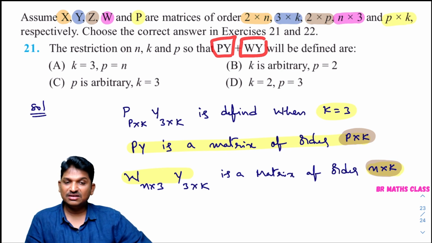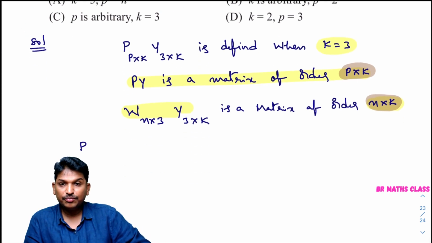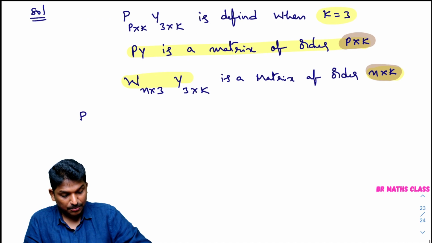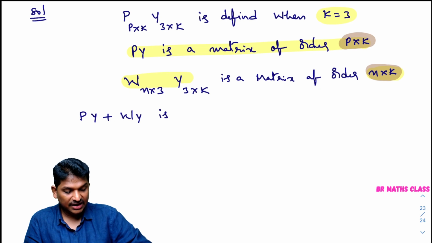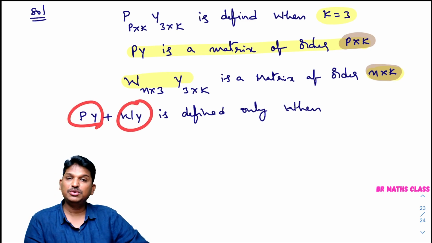I'll write here: PY plus WY is defined only when they are of the same order. PY and WY must be of the same order.